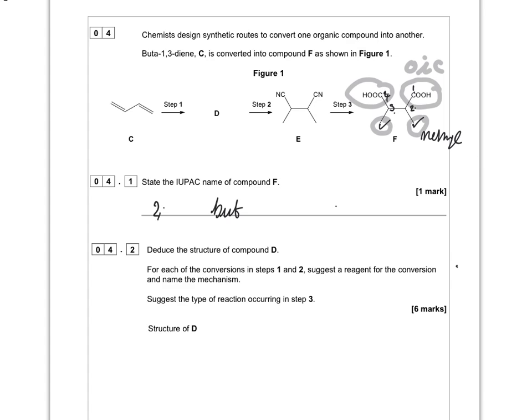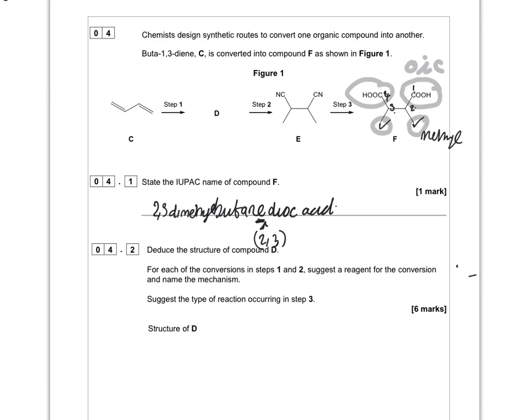So it's 2, 3, dimethyl, butane, dioic acid. Some of you may have squeezed in 2, 3 dioic acid, but since the carboxylic acid groups are on the end, you don't really need to name their positions.